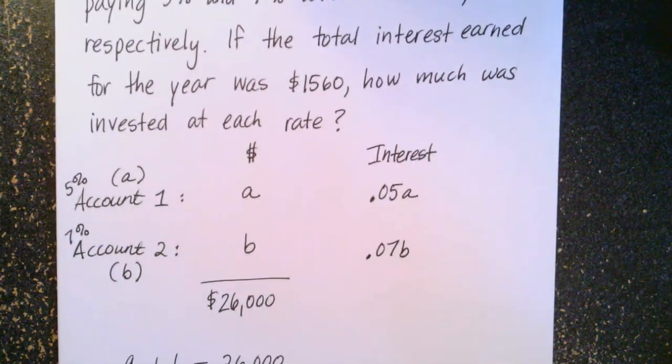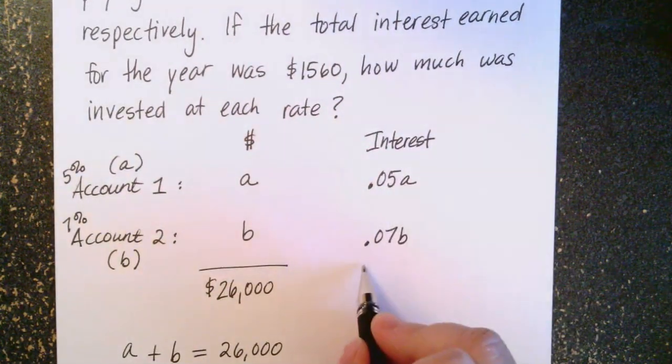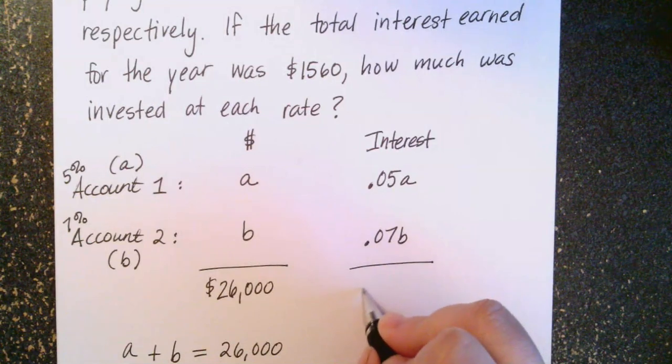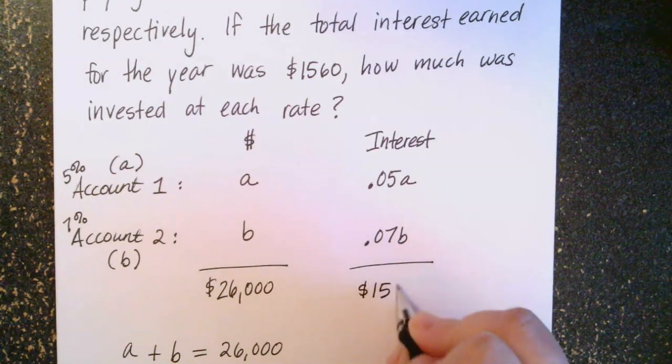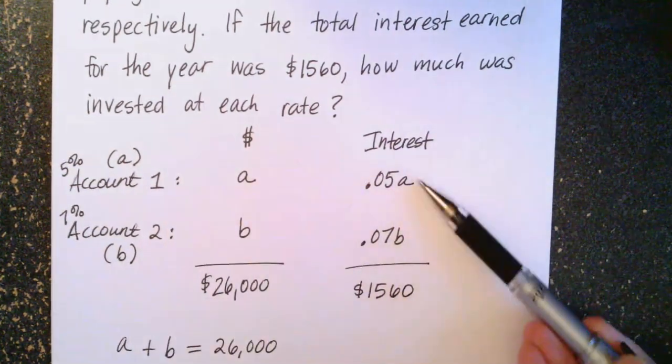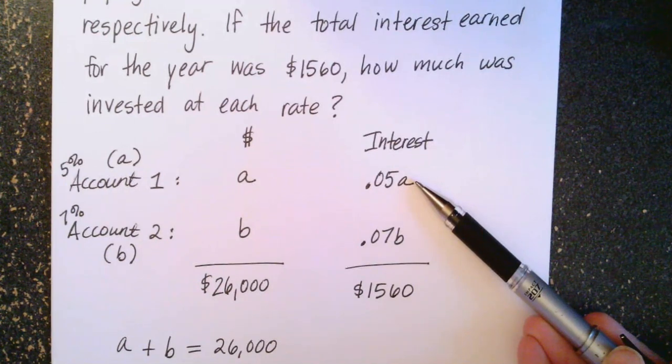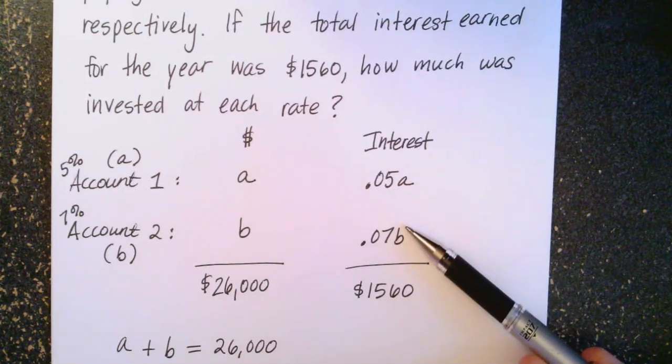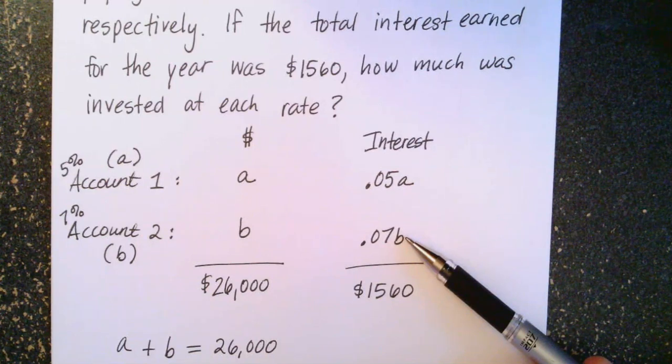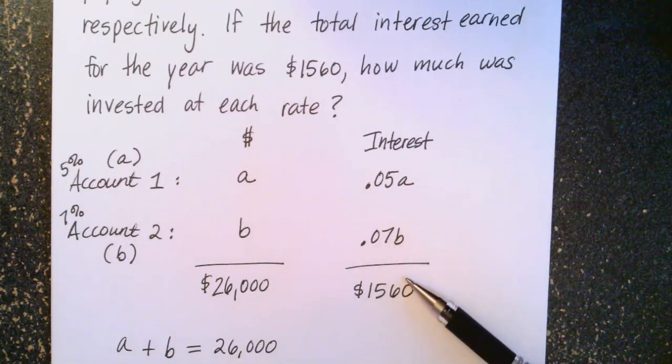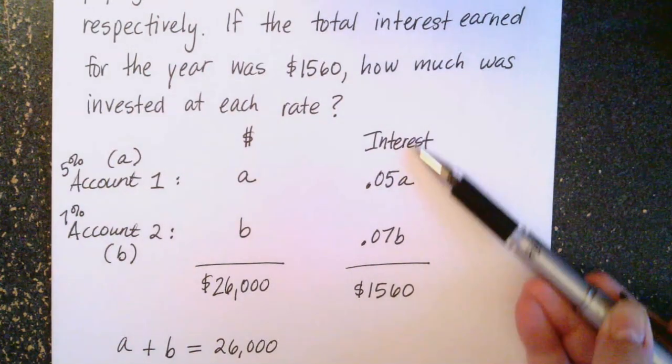Again, I know a grand total for this column. Altogether, that's going to give me $1,560. So this is the interest I earn from account A, this is the interest I earn from account B, and this is my total amount of interest.